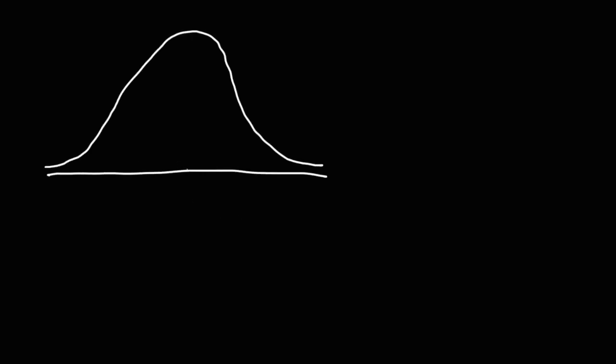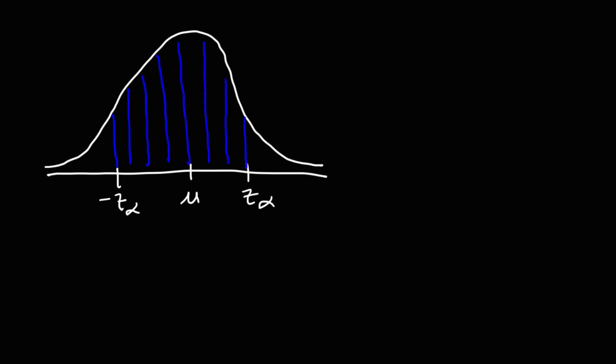So let's illustrate this with a picture. So let's draw our normal distribution curve. So here is the population mean. Let's say this is positive Z alpha, and we're going to say this is negative Z alpha. So the area under the curve of the region shaded in blue, that's going to be our confidence level.